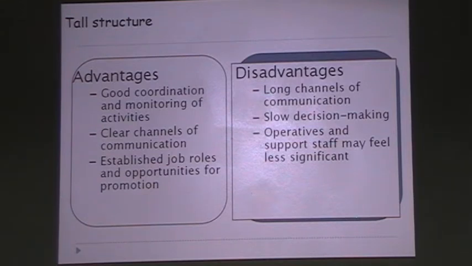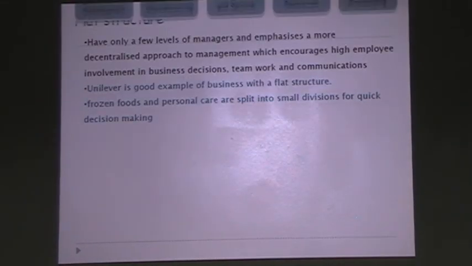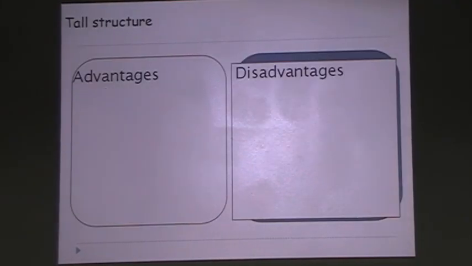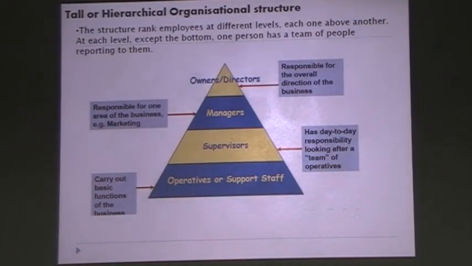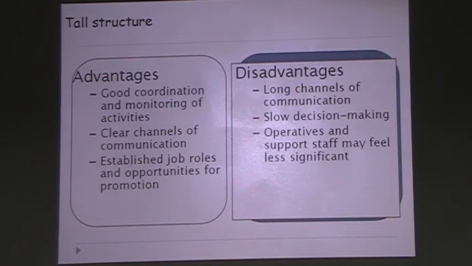We look at the disadvantages of the tall organizational structure. We have long channels of communication. If I may go back to the first slide, you look at here. It is very, very difficult for the operative or the support staff to communicate along the channel to the owners of the organization.